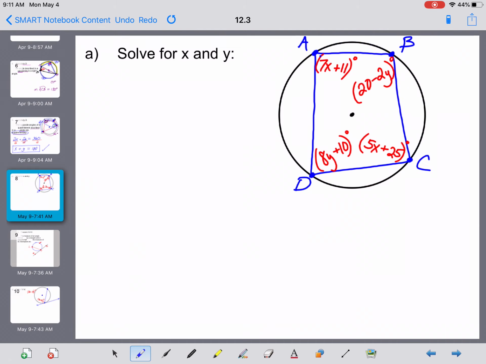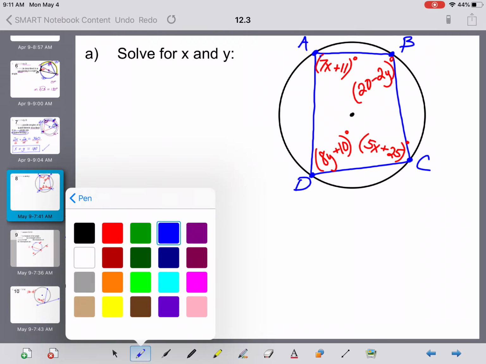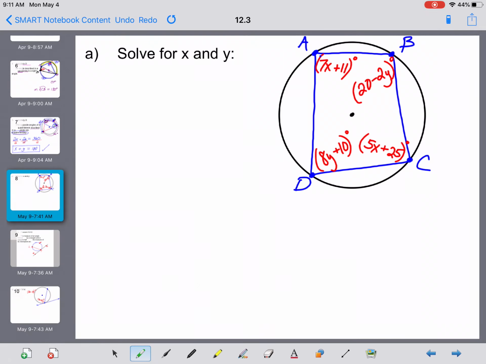So you want to try to identify your opposite angles, and one pair of those, let's go green here, would be angle A right up here, and then across from it, angle C. The corollary we just learned says that those two angles have to be supplementary. So we're going to take 7x plus 11, and we're going to add to that its opposite angle, which is 5x plus 25, and that sum has to be 180 degrees.